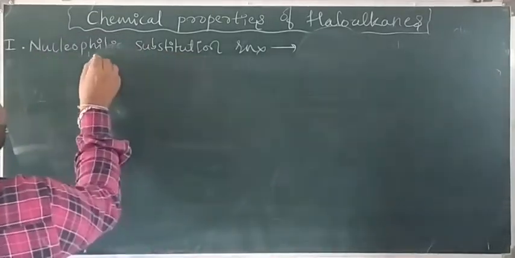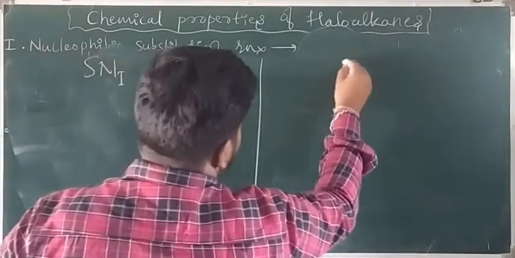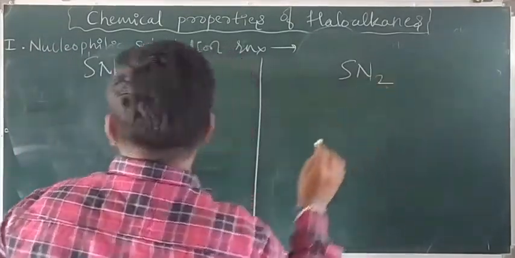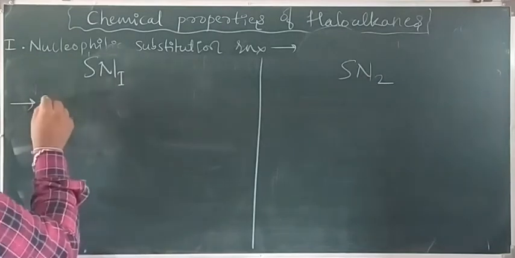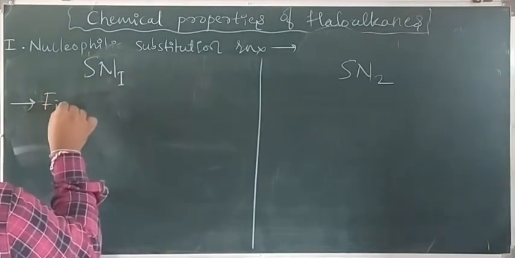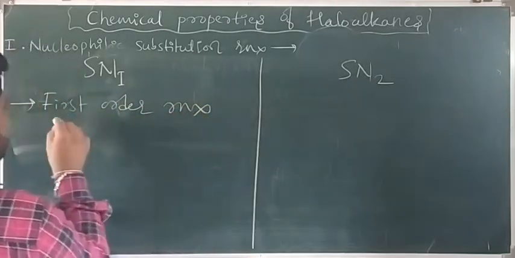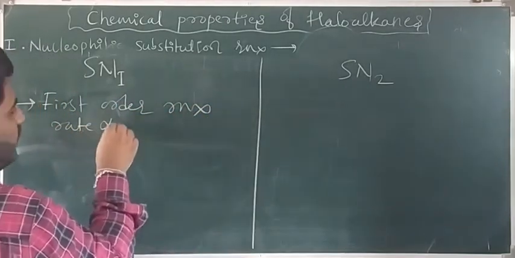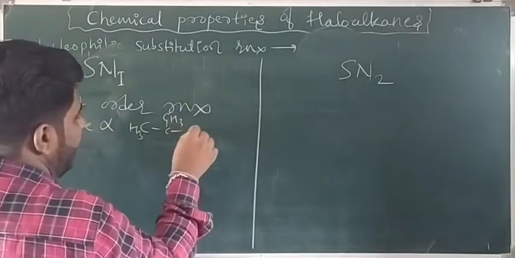Okay, what are the differences between SN1 and SN2? SN1 is a first order reaction. That means the rate is directly proportional to tertiary butyl bromide.